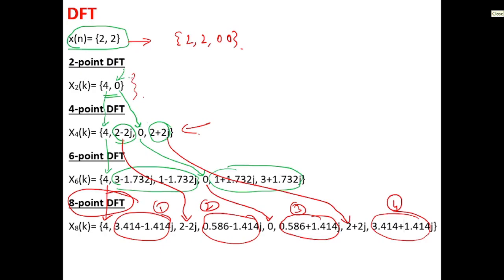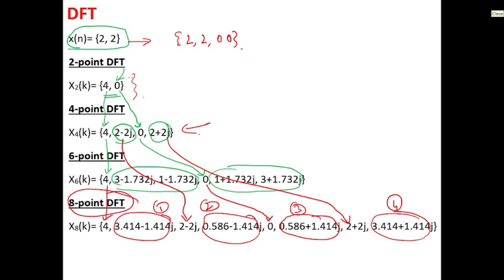So padding of zeros is basically increasing the resolution of your signal. Padding of zeros in the time domain is increasing the resolution of your signal in the frequency domain.